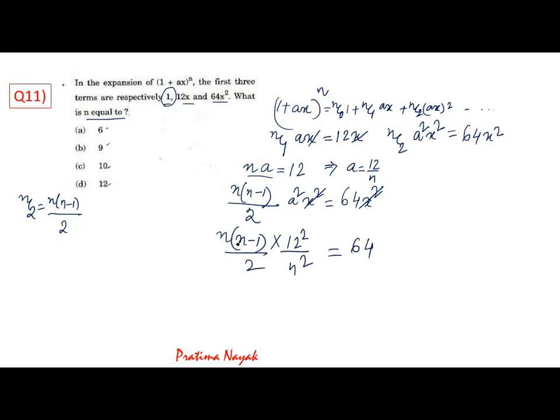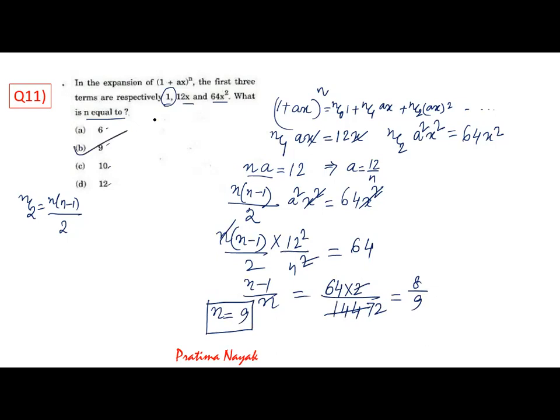Simplify. One n cancels. Then n minus 1 by n is equal to 64 into 2 by 12 square, which is 144. This will be 72, 8 by 9. So this gives you n is equal to how much? 9. B is the answer.